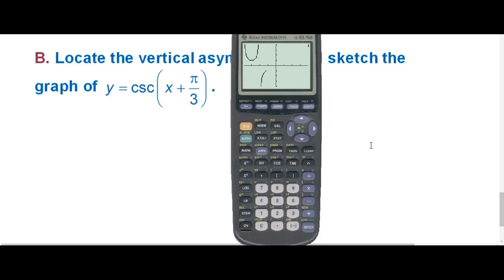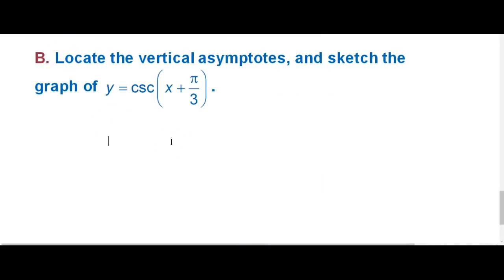As you can see, it's very similar looking, only now instead of crossing the y-axis at 1, it's been shifted because we know that sine of 0 occurs at 0, and sine has a maximum at values of multiples of pi over 2. So now we want to essentially shift this graph to the left, pi over 3, because we're adding it inside the function.